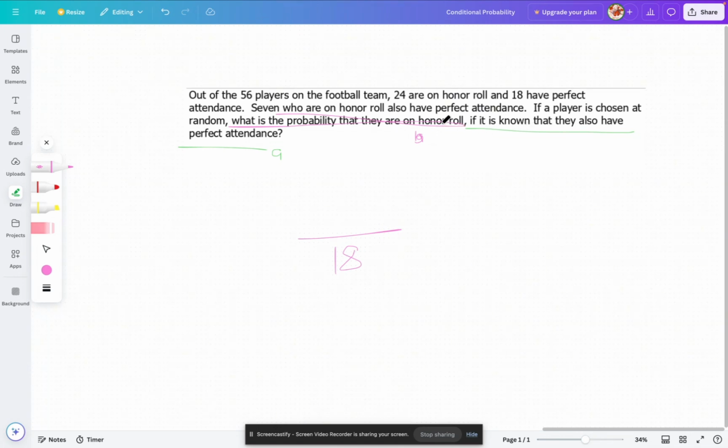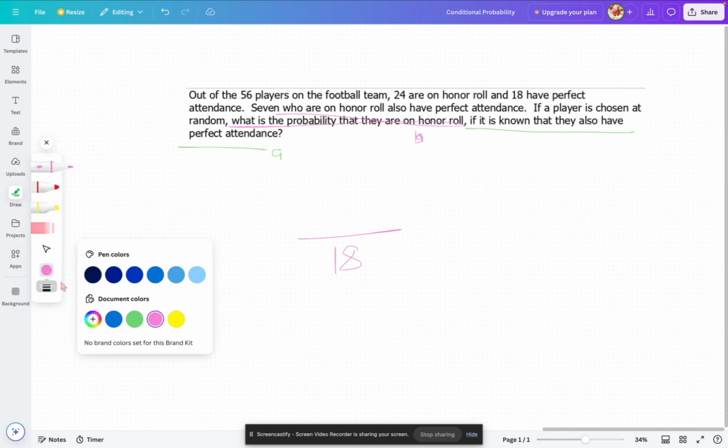Now we need to find our B value, aka our numerator. So we need to find the probability that they're also on the honor roll. So how many people are on the honor roll? It says 24, but that's not the correct answer. 24 over 18 is not the correct answer, and let me explain why. Even though there are 24 people on the honor roll, they don't all have perfect attendance.